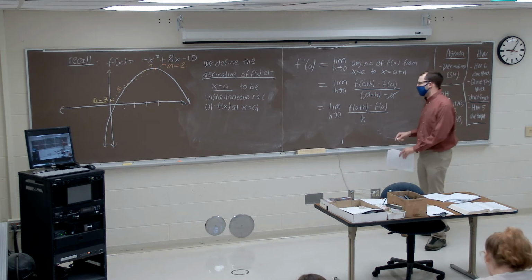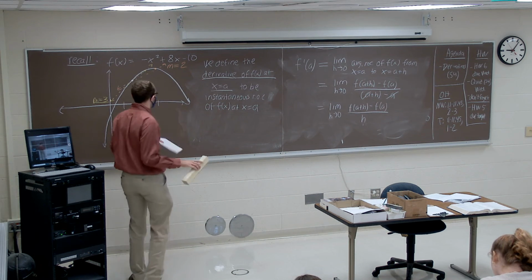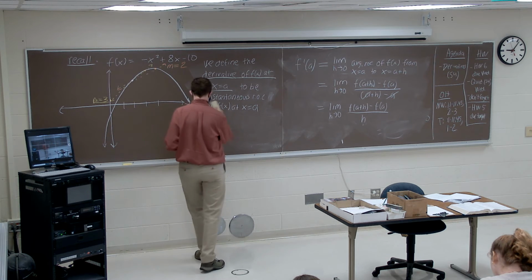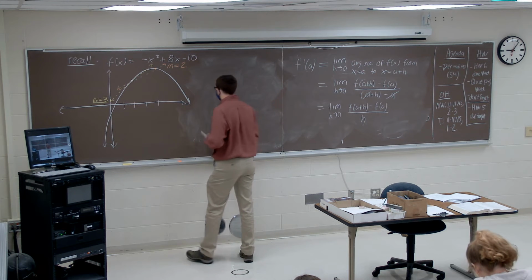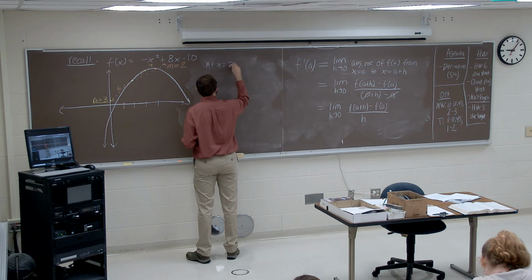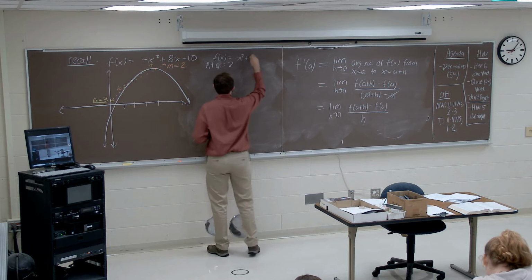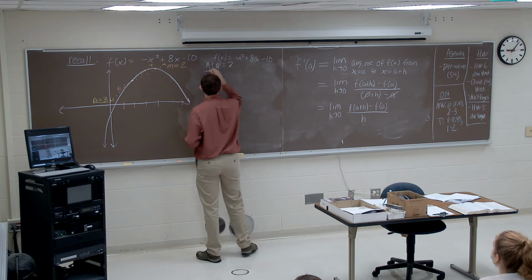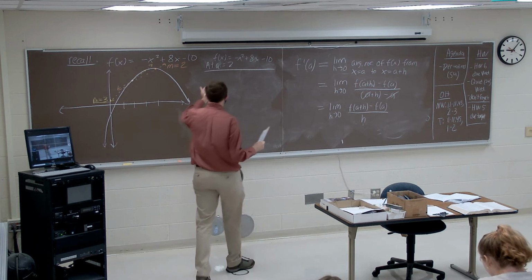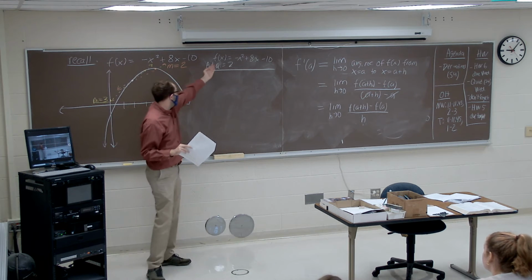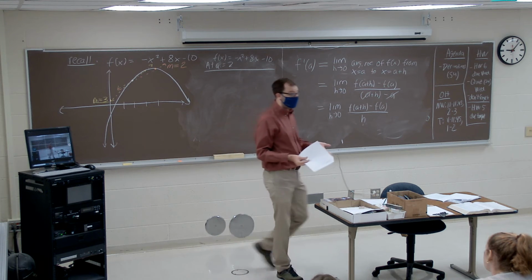So let's see what happens when we use this formula to compute instantaneous rate of change of this function f of x at x equals 2. So in this case, we have our function f of x, we have our value of a at a equals 2. That's going to be the x value at which we're computing instantaneous rate of change.